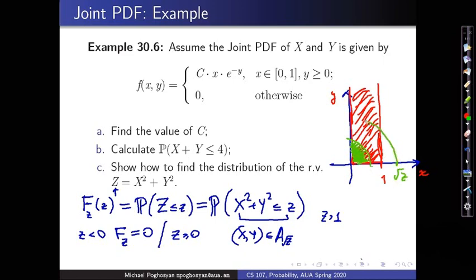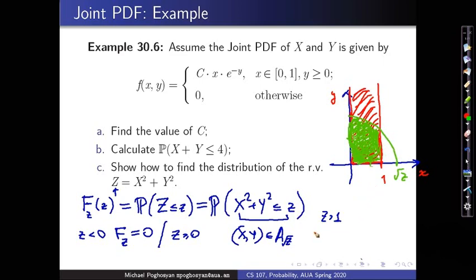We have this portion, and we need to integrate over this intersection. So we need to integrate over this portion if z is larger than 1. We are not integrating over the rest because f is 0 there.